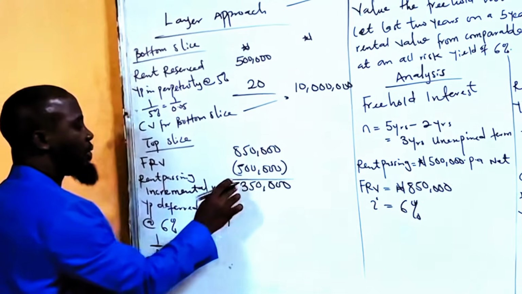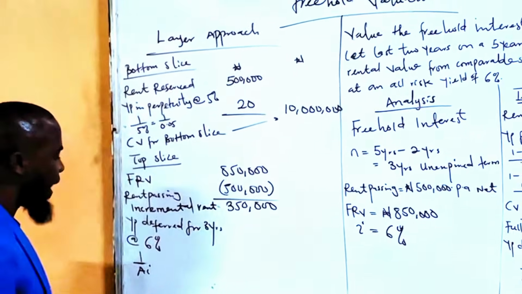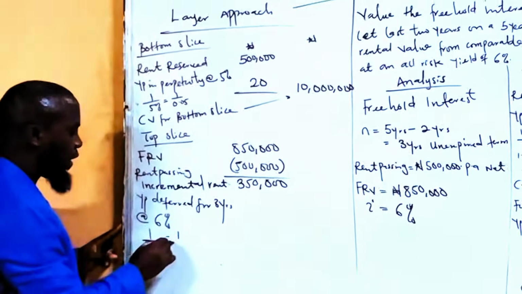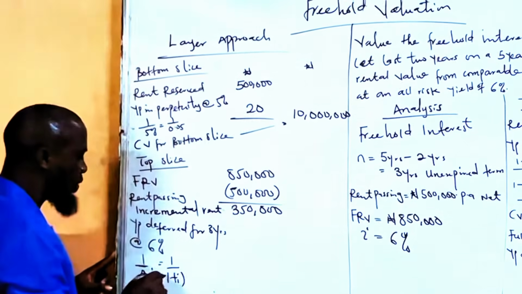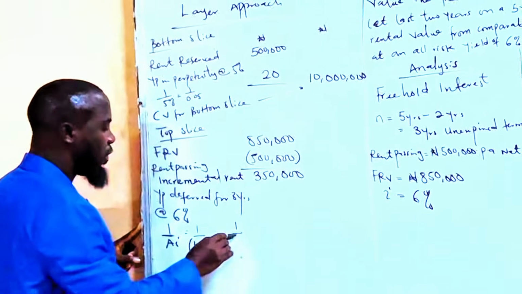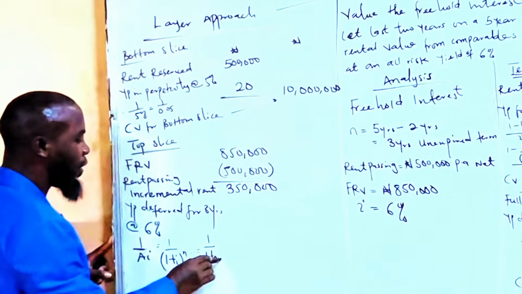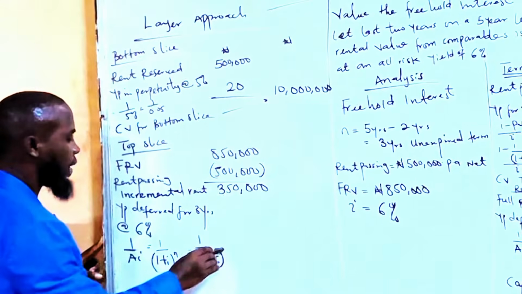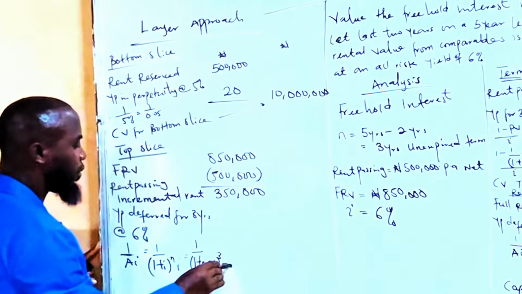This is your incremental rent. 1 over AI, that is 1 all over 1 plus I raised to power n times I. 1 all over 1 plus 0.06 raised to power 3 times 0.06.